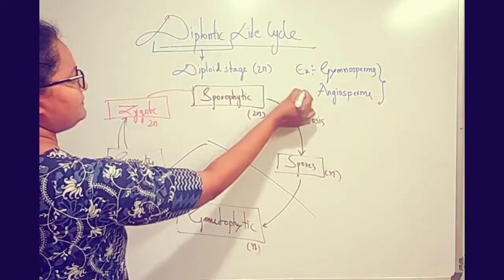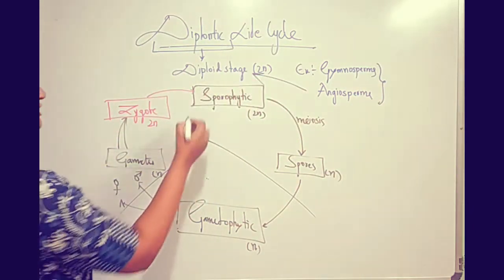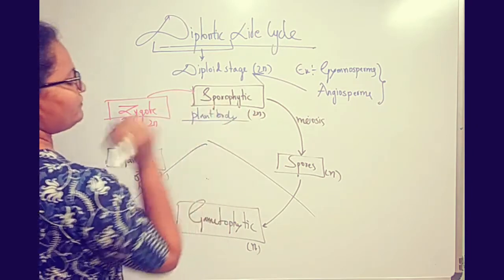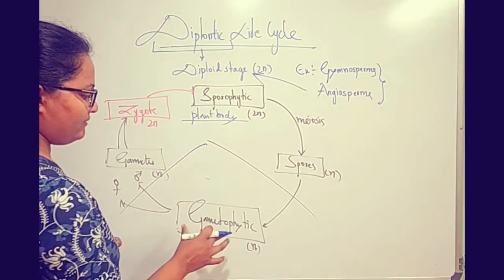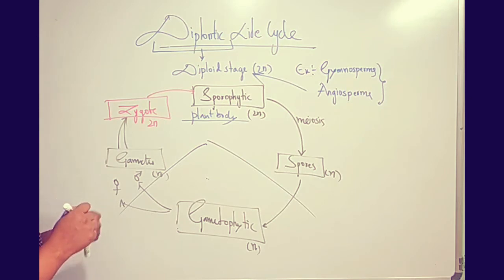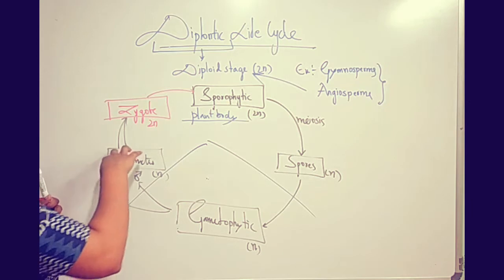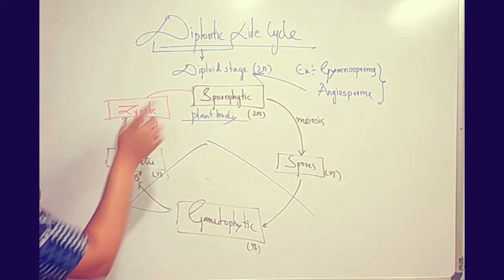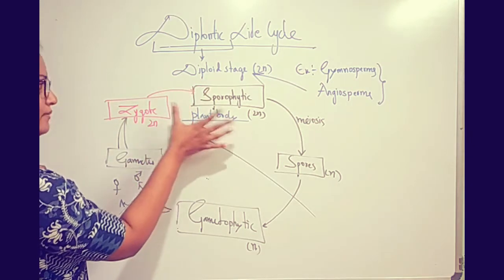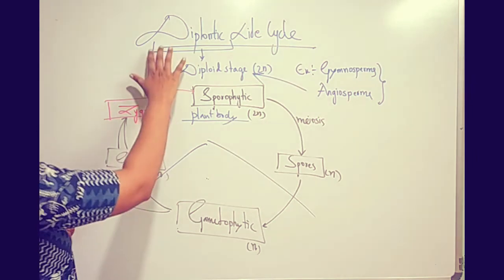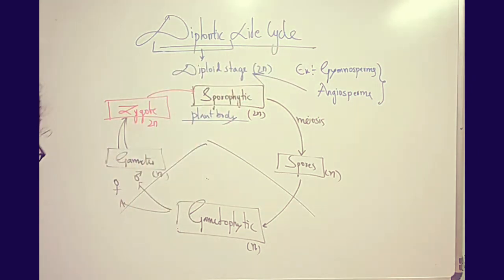Both have a dominant diploid stage. So the plant body is always sporophytic, and they have a short-lived gametophyte, where they produce gametes. They spend their life in the sporophytic generation. Hence the diploid stage is dominant in these two plant groups, so they possess the diplontic life cycle.